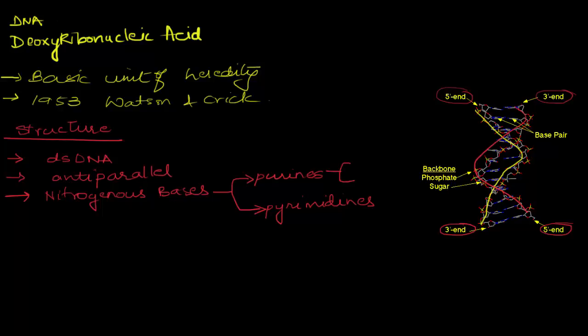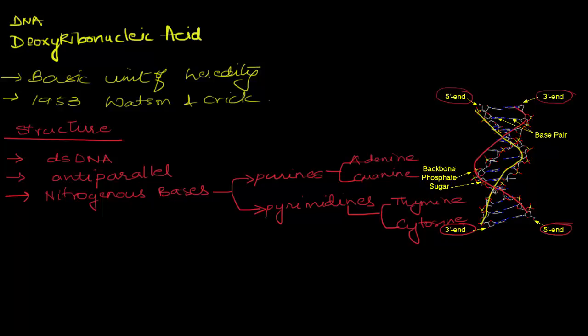Purine is in turn divided into adenine and guanine. Similarly, for pyrimidines, again we have two specific ones, thymine and cytosine.